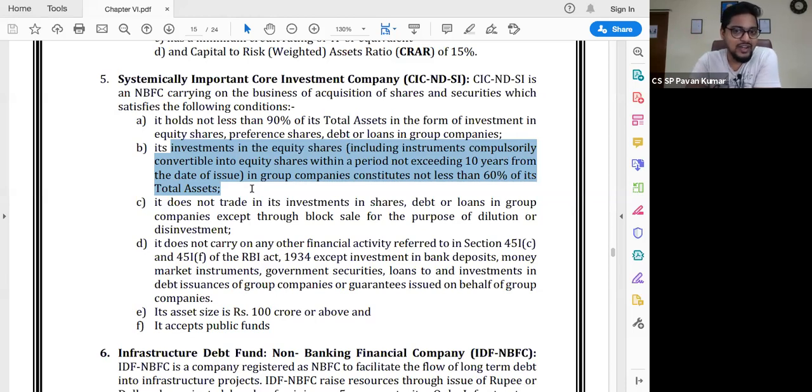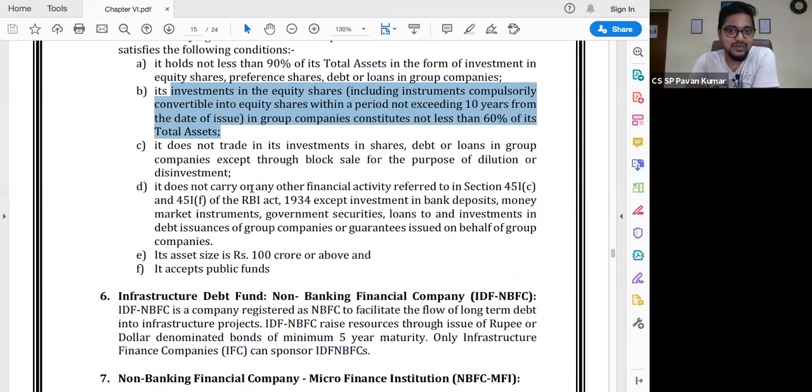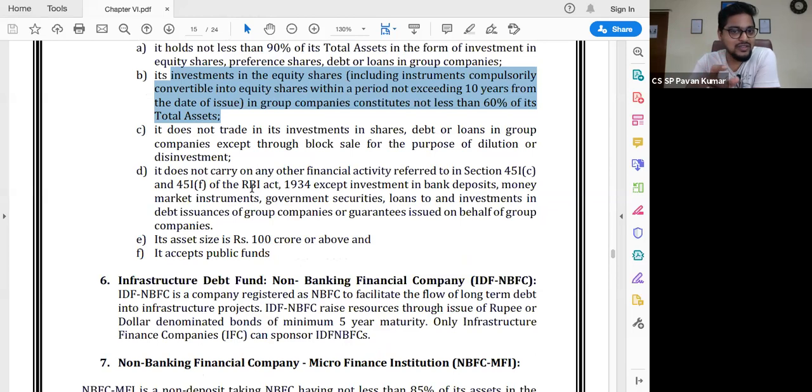It does not trade in the investments in shares. It does not trade in the securities that they've invested in, but however they can do block sales, which means bulk sales at once for the purpose of divestment, disinvestment.